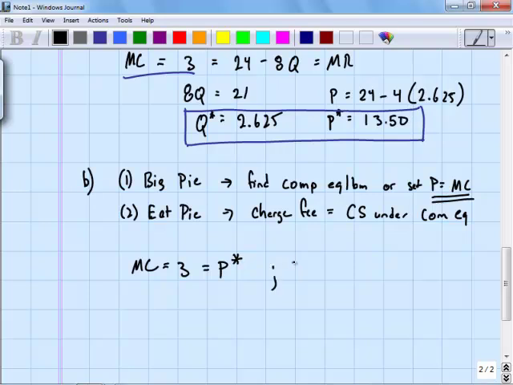Now I can figure out Q star by looking at how much consumers will demand based on a price of 3, and I know quantity demanded is equal to 6 minus 1/4 times P, or 3. So that's going to be 5 1/4 is going to be our Q star.